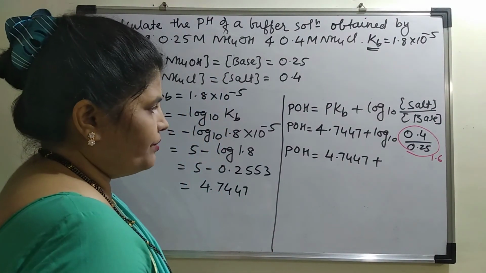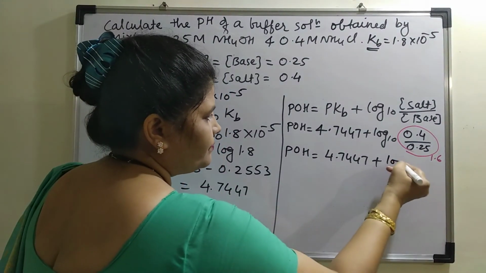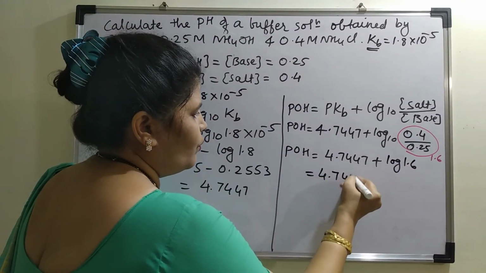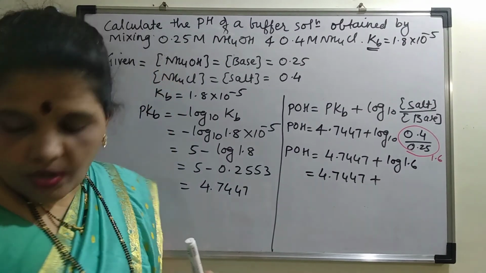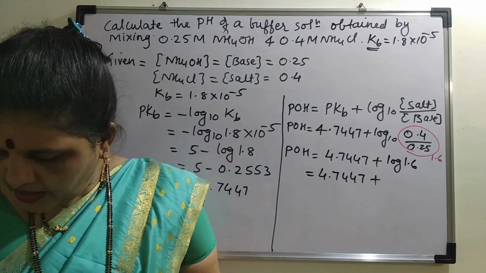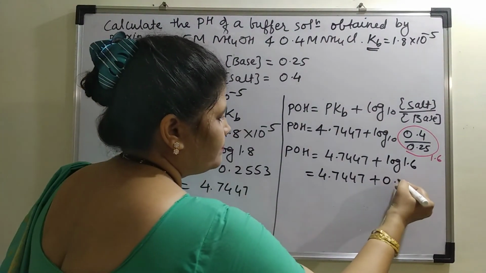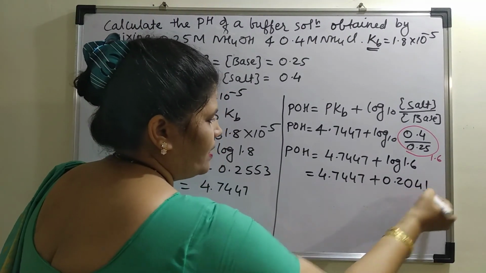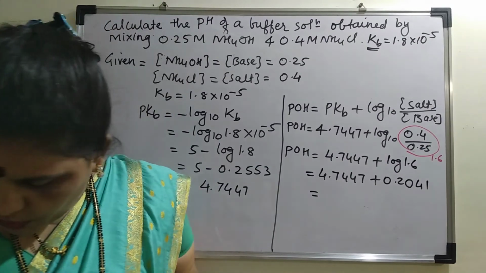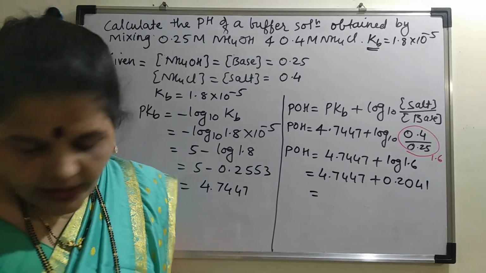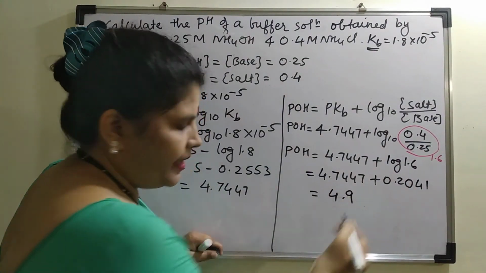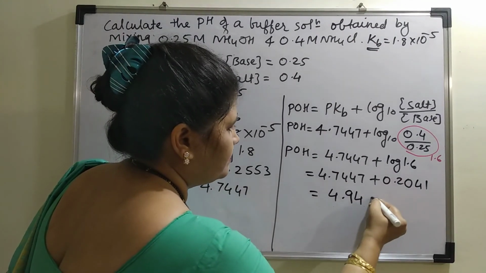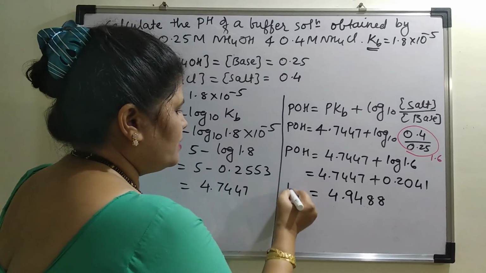So I will substitute here log of 1.6. So that is 4.7447 plus log of 1.6, which is how much, student? 0.2041. So make a total of this, you will get 4.9488. Right? This is your pOH.